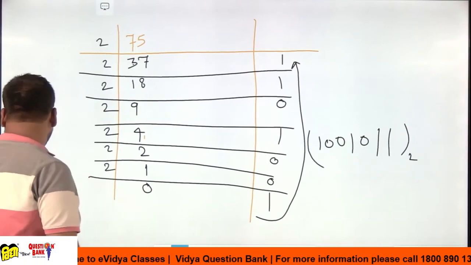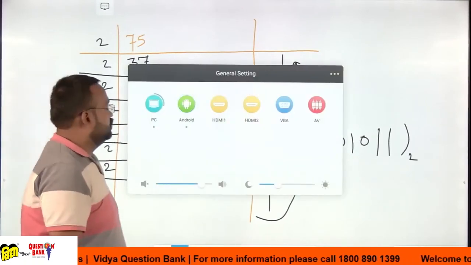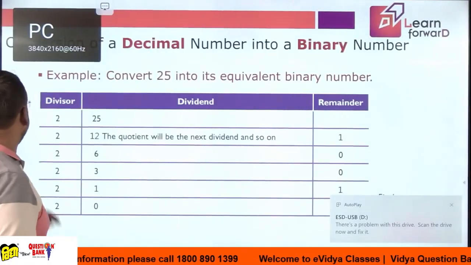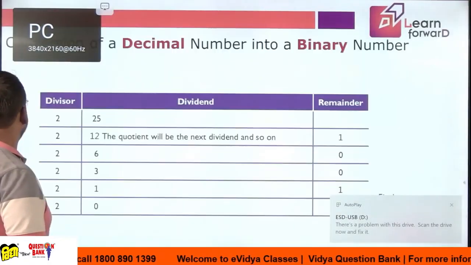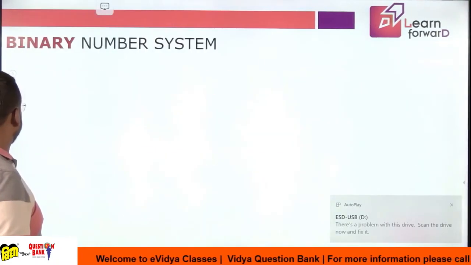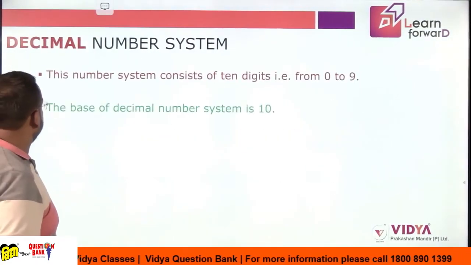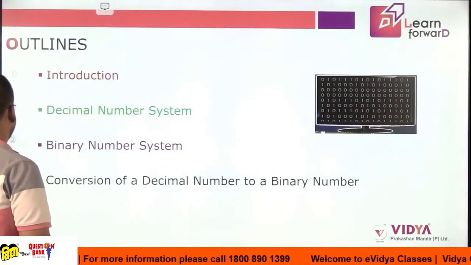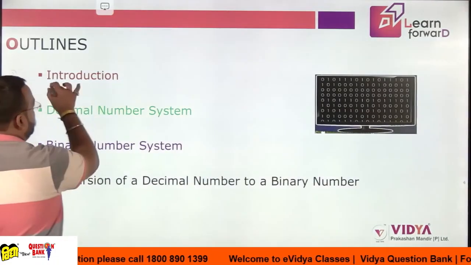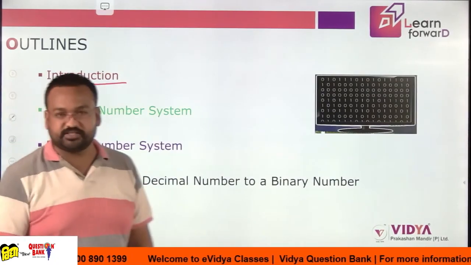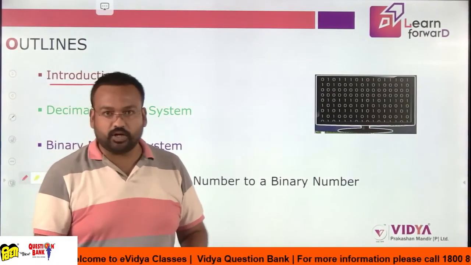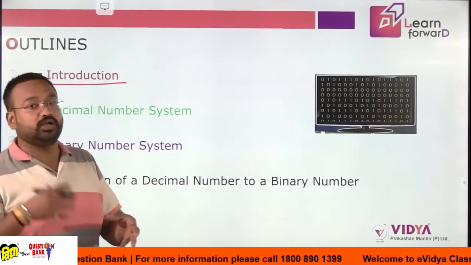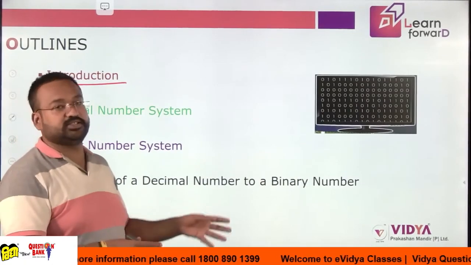Let's see a quick recap. What have we learned today? Today we have learned about the number system: what a number system is, what different quantities it may contain, and what different types of number system the digital computer contains.